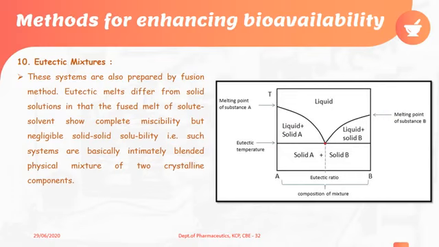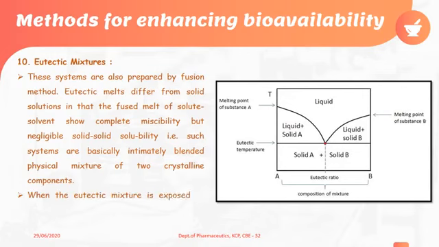The melting point of substance A will be at a particular point and B in some other range. At the eutectic temperature, solid A gets converted into a liquid, and similarly solid B, and both merge to form a homogeneous mixture at a particular temperature, which we call the eutectic temperature.